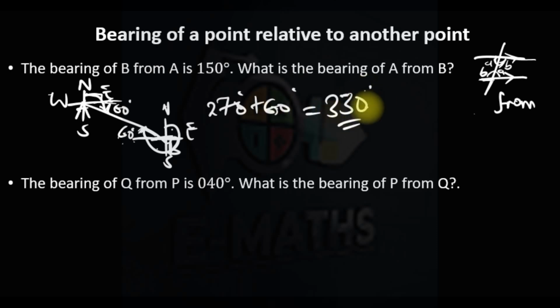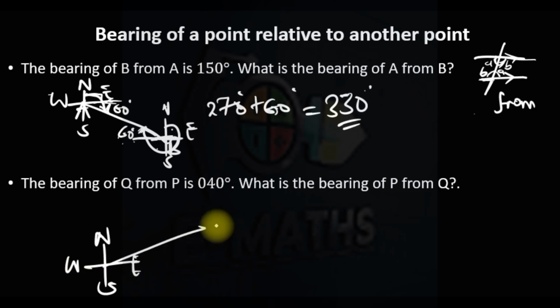So it's very important. Again, here the same thing. The bearing of Q from P is 40. So from P, we move to Q. The bearing is 40, so this is 40. By the alternate angle theorem, here is also 40.